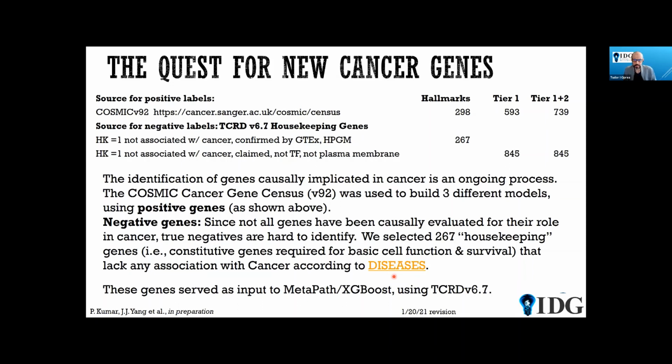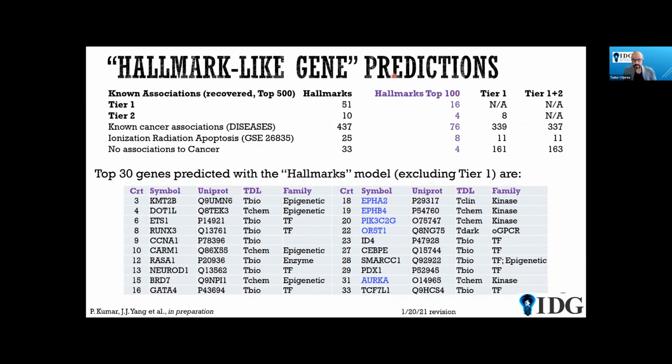So we think we developed a somewhat okay model. I won't go into the tier 1 and 2 models because we think that the Hallmark model is the most significant, but based on that type of information, these are 20 genes that are not included in tier 1 or tier 2, which are strongly associated with cancer.